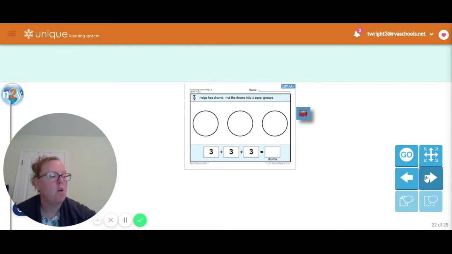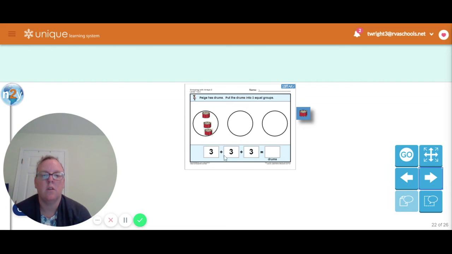Let's try one more. This one gives us a little hint with the numbers down here. So it says to put 3 drums into this circle. Here we go. 1, 2, 3.